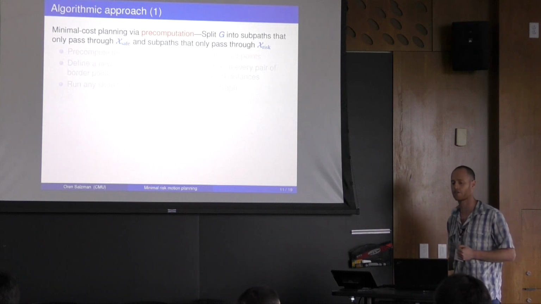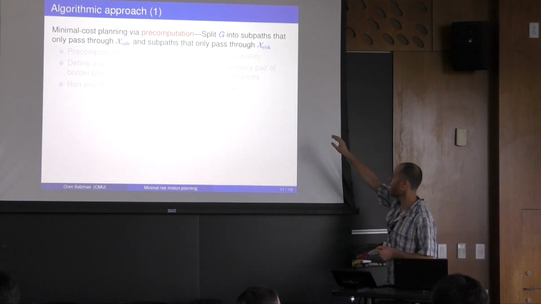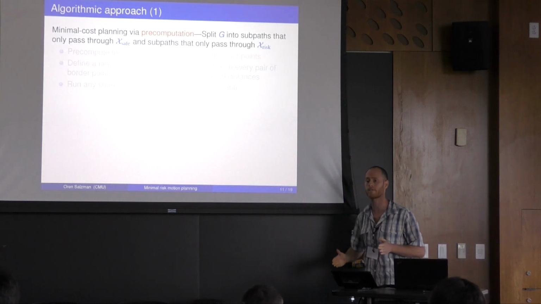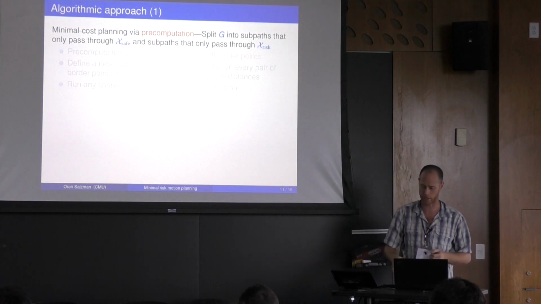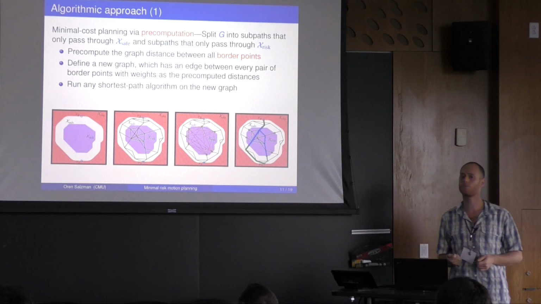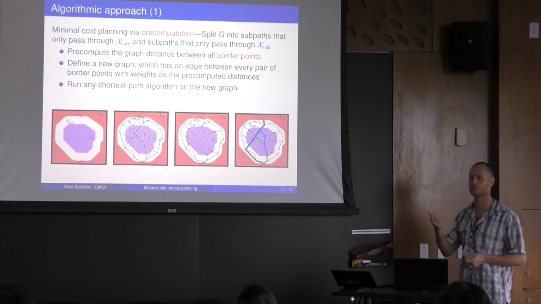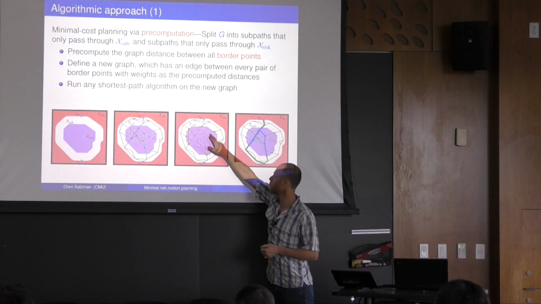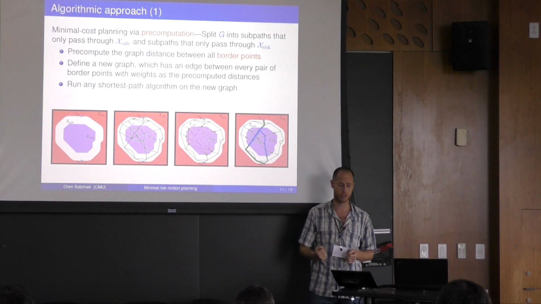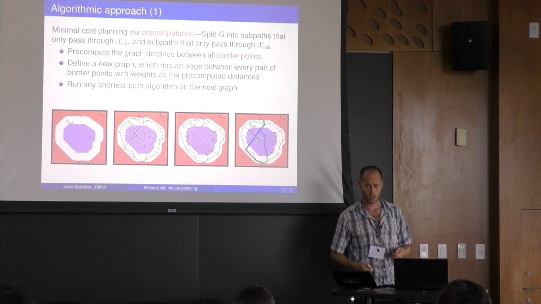We do some pre-computation. We split our graph, our roadmap, into subpaths that only stay in the safe region and only stay in the risk region. And for this, we need to compute border points. Border points are the intersections of edges with the boundary of the safe region and the risk region.